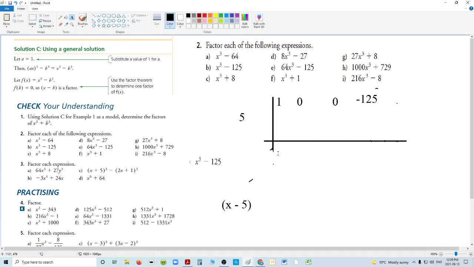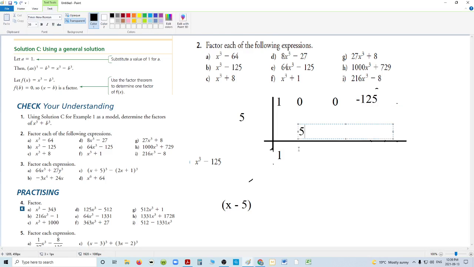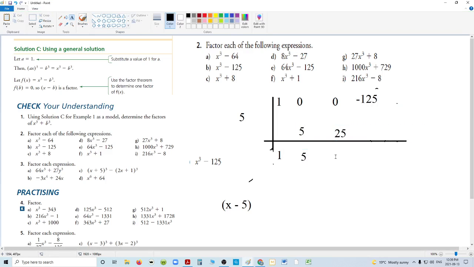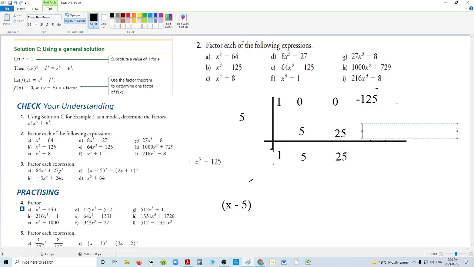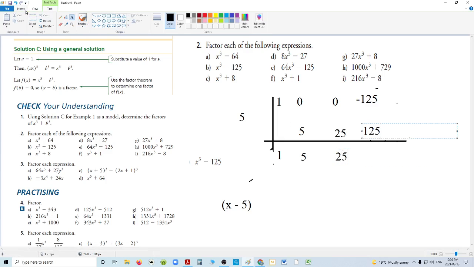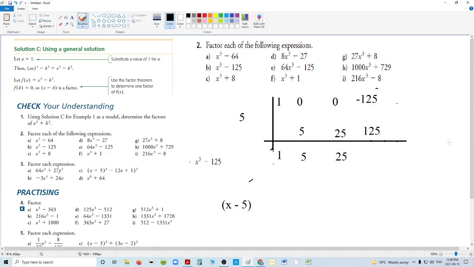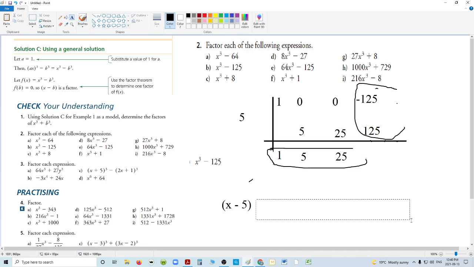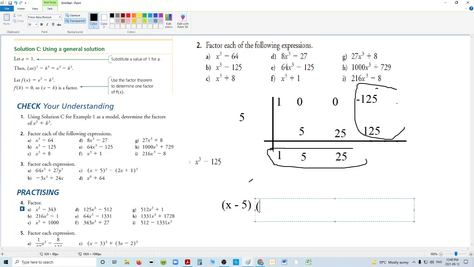Synthetic division says I bring 1 down, multiply it by 5, add it to 0, multiply that by 5, add it to 0, multiply that by 5, and I get a positive 125, and sure enough, those last two terms cancel out, which means these are the coefficients in front of my last factor, which means it's x squared plus 5x plus 25.